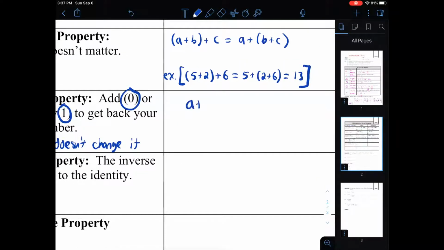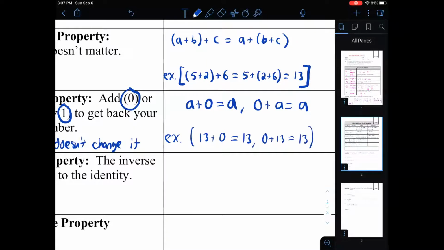So for example, if we do A plus 0, that's just going to equal A, right? And 0 plus A also equals A. So for example, 13 plus 0 equals 13. And also 0 plus 13 equals 13.